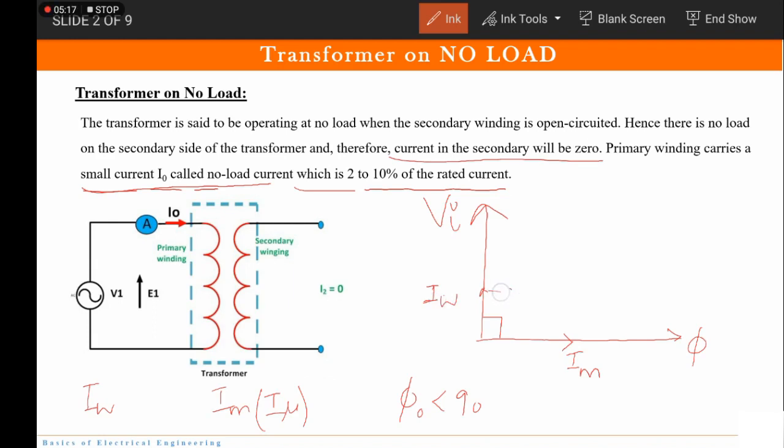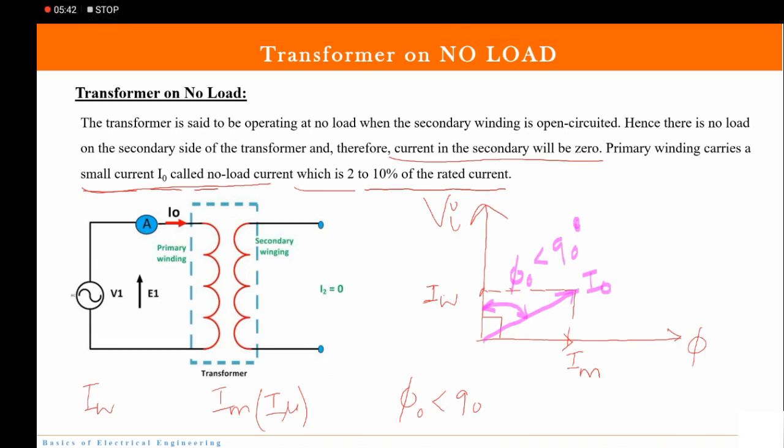Now when you take the resultant, here is my I0. Now this phase angle is nothing but phi 0, and it is very clear that it is smaller than 90 degree. Ideally it should be 90 degree, but it is not. Got it?